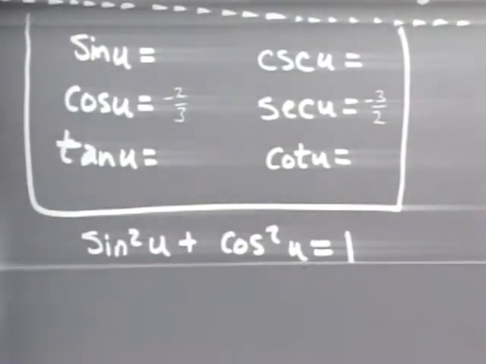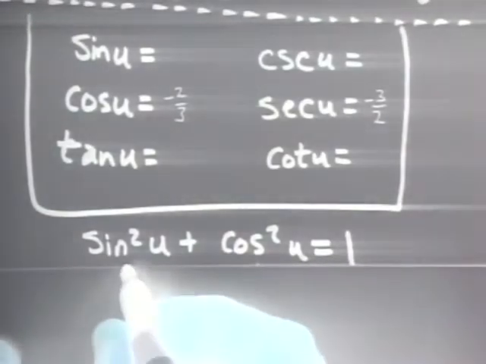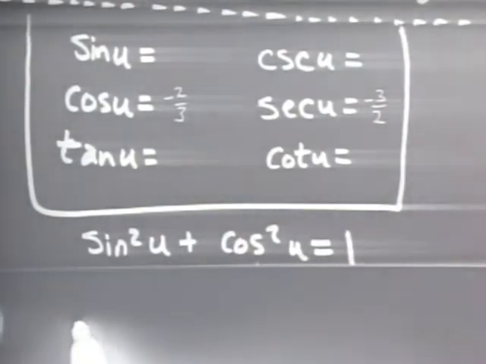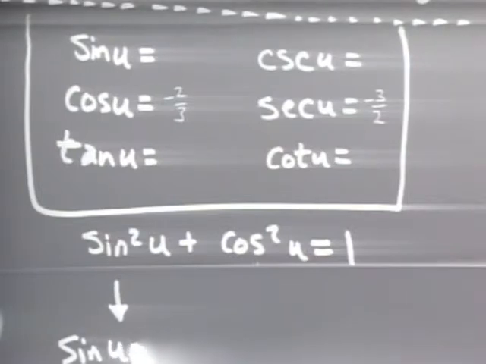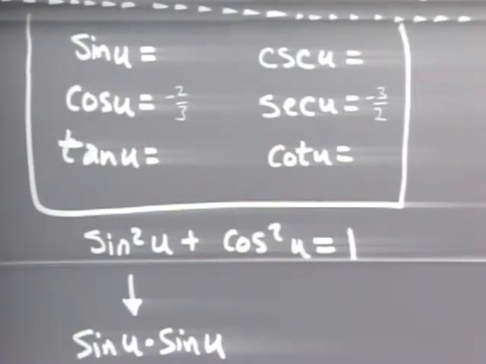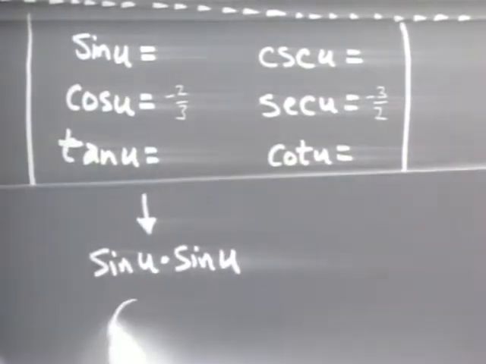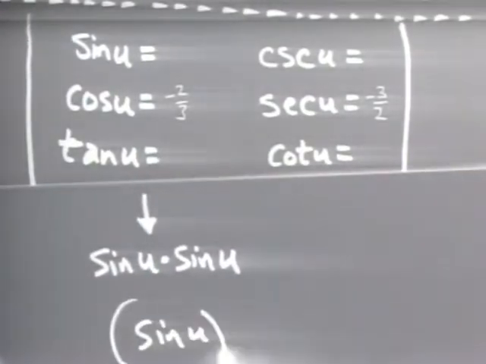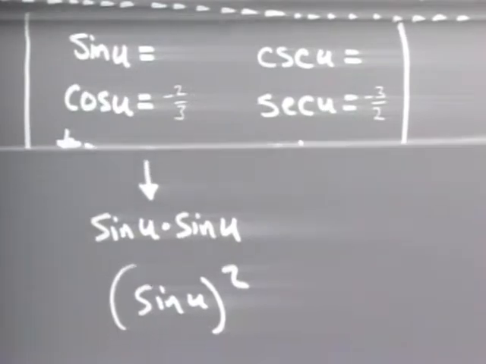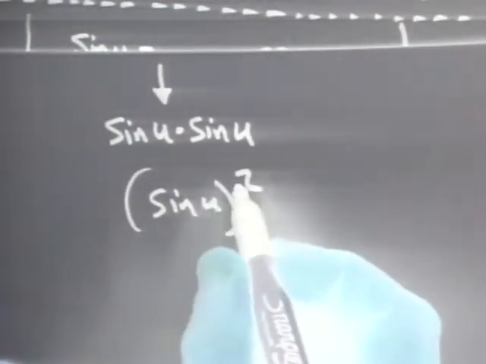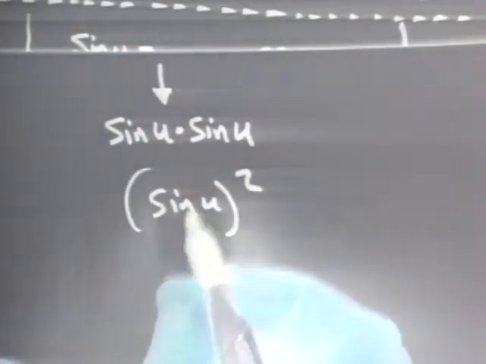Then I'm going to make a little change to what's happening here, and I guess I need to make a side note. If you haven't seen sine squared u or cosine squared u before, this is how we write sine u times sine u, or sine u squared.